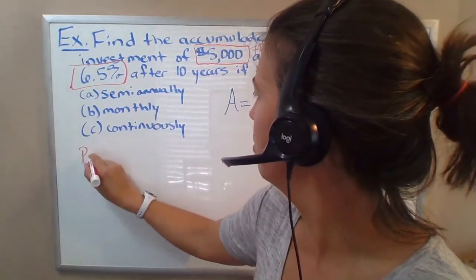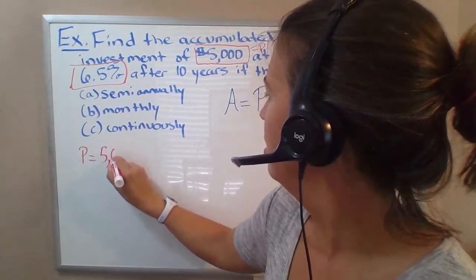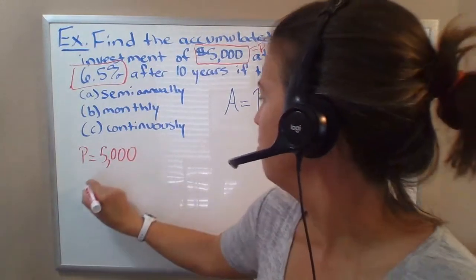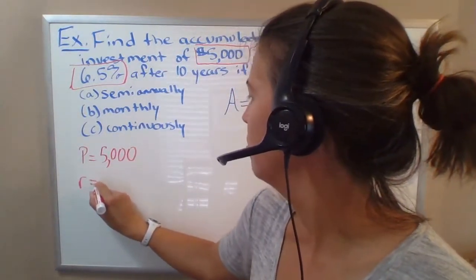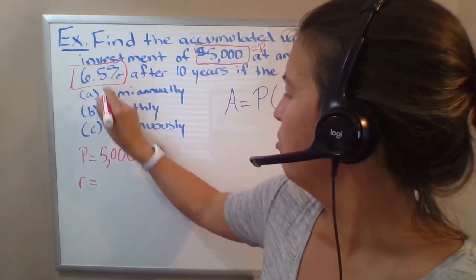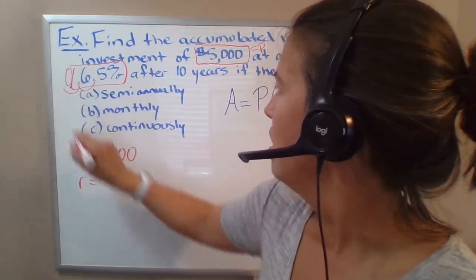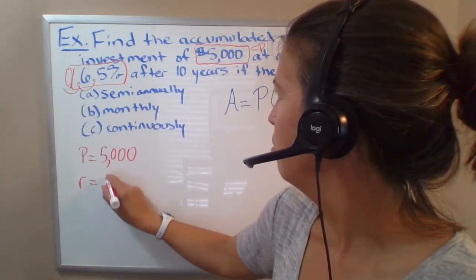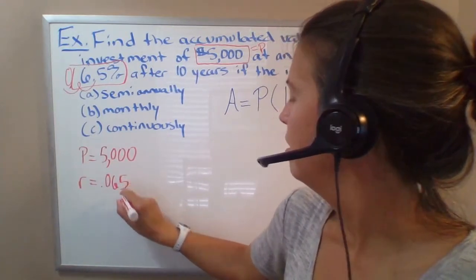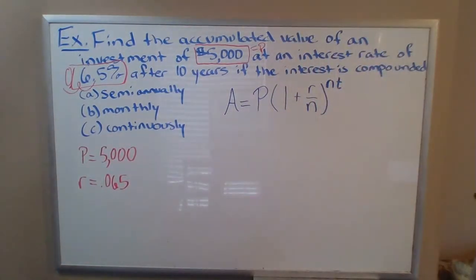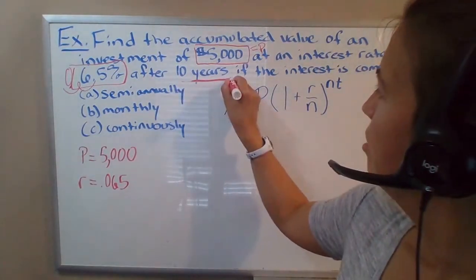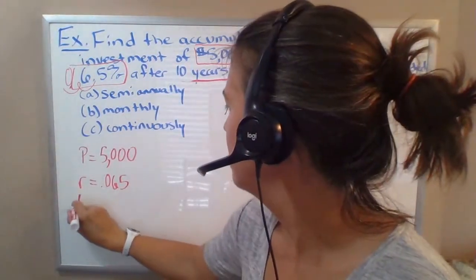We know so far that P is 5,000. An interest rate of 6.5% tells us r is 6.5%, which as a decimal, you move the decimal to the left 2 places, 0.065 for our value of r. After 10 years, so time is 10.